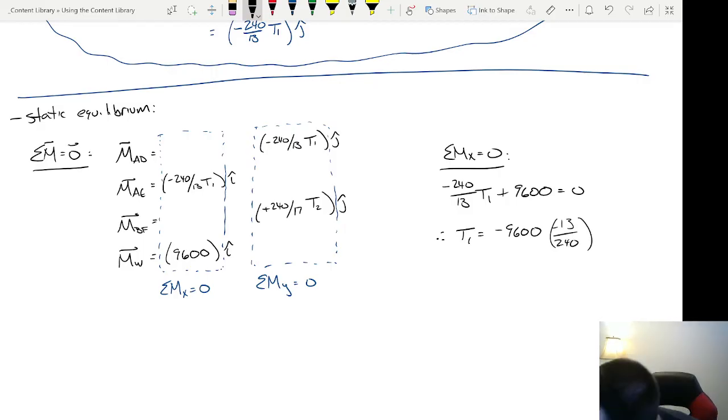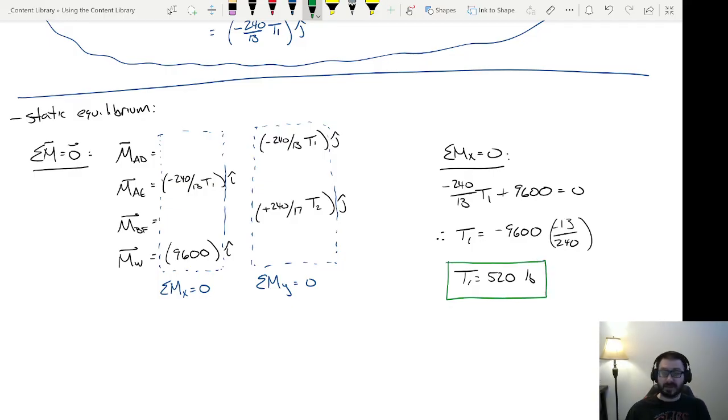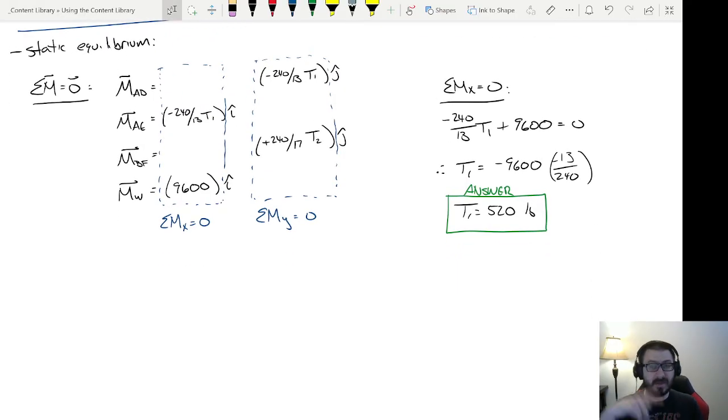And so when you chug that out, you get T1 is 520 pounds. Remember, all our forces are in pounds. That's one of our answers right there. Pretty simple, okay?